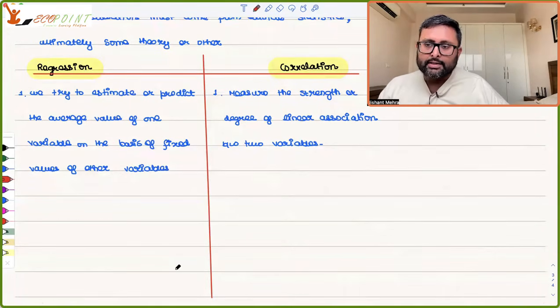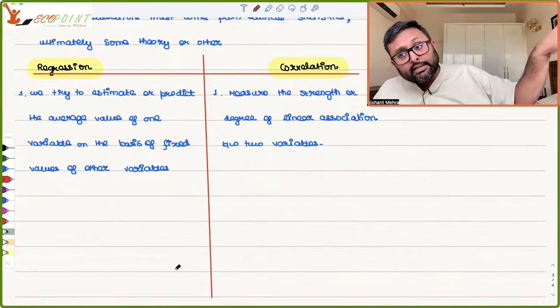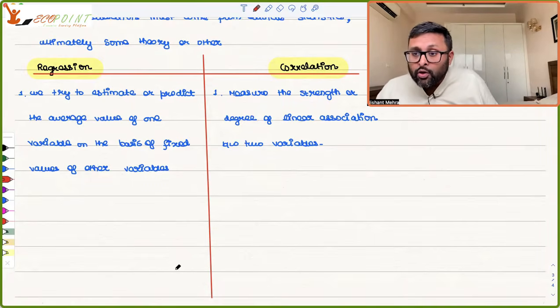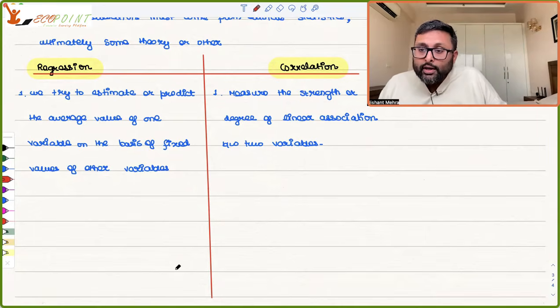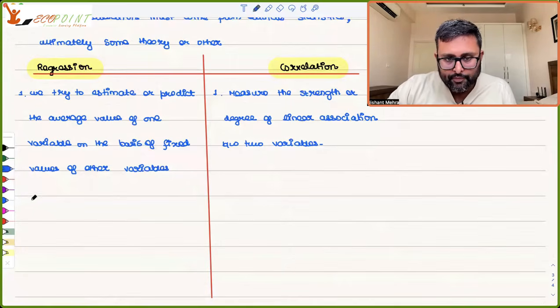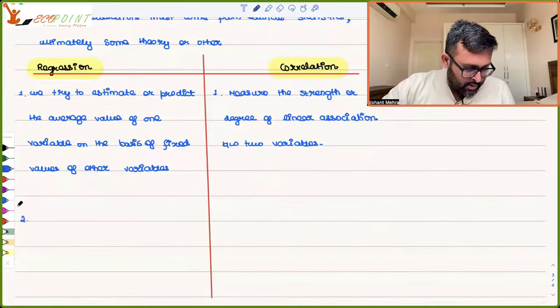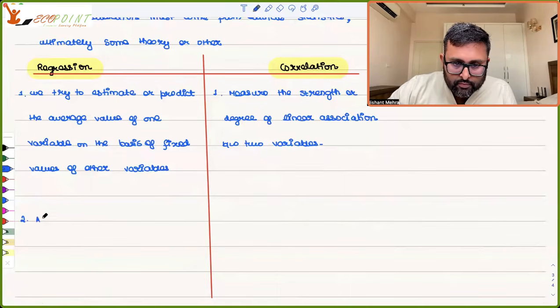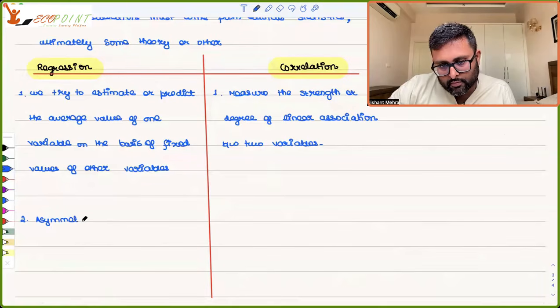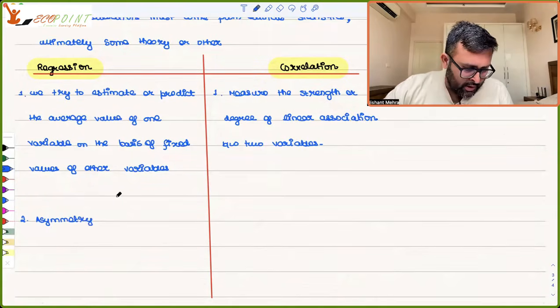But as far as regression is concerned, you say son's height is dependent upon father's height. So you want to predict the average height of the sons, right? So the relation is asymmetric. You're giving more importance to the dependent variable, right? Asymmetry.